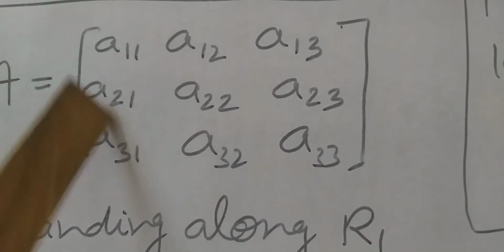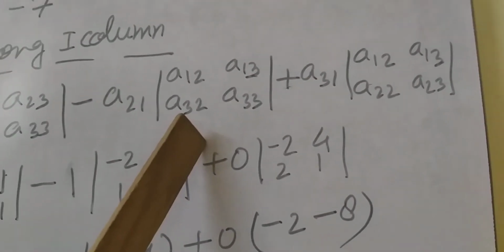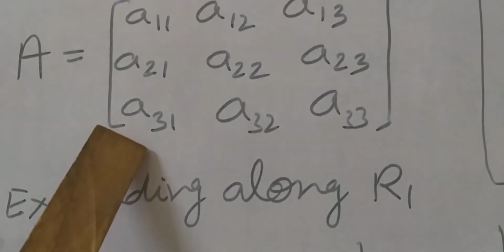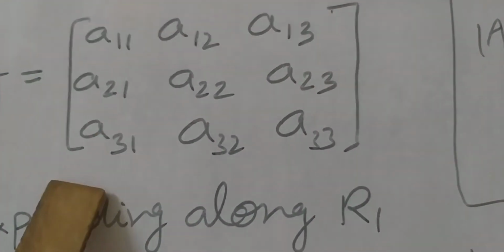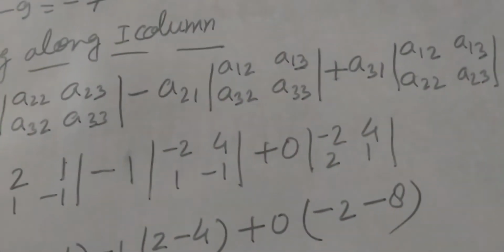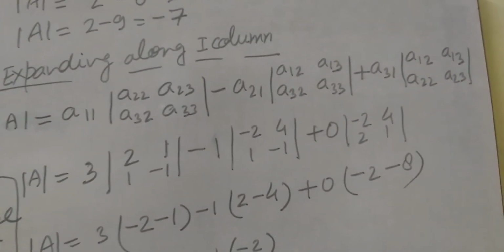Second row and first column deleted, left elements A12, A13, A32, A33. Correct, student? Now the third element A31, delete its row and column. So the third row and first column are deleted, left elements A12, A13, A22, A23. Correct. This is the method.